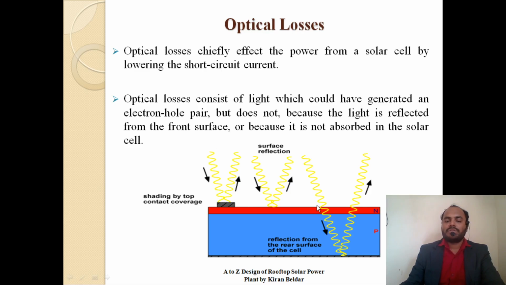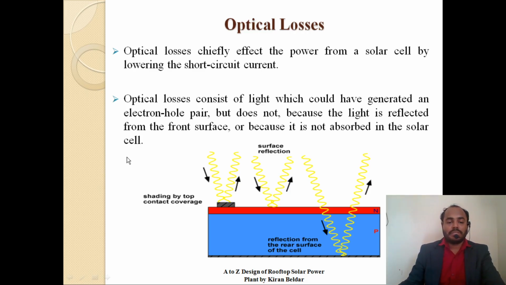On the front surface also, due to the surface texturing, the light is getting reflected. On this third side, due to the surface texturing of the rear side, the light is getting reflected. The amount of light that is reflected decreases the power output from the solar panel or solar cell.